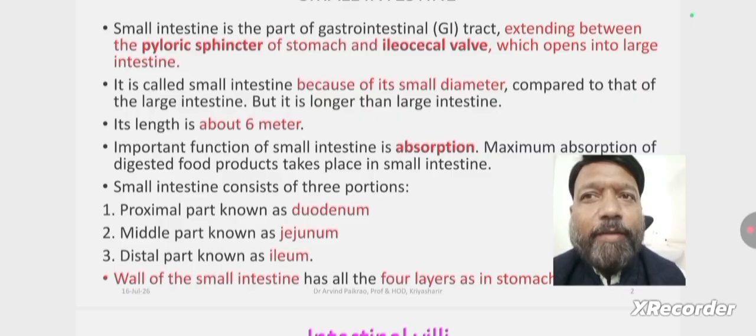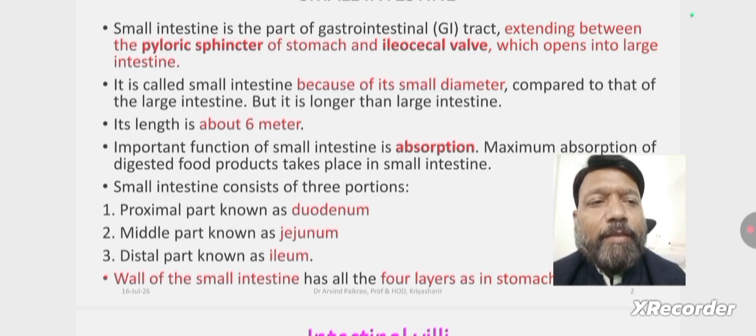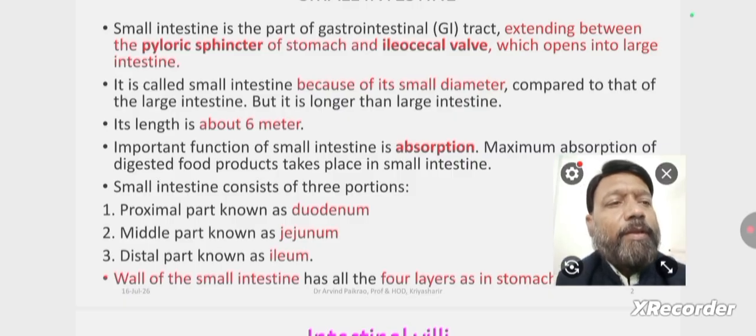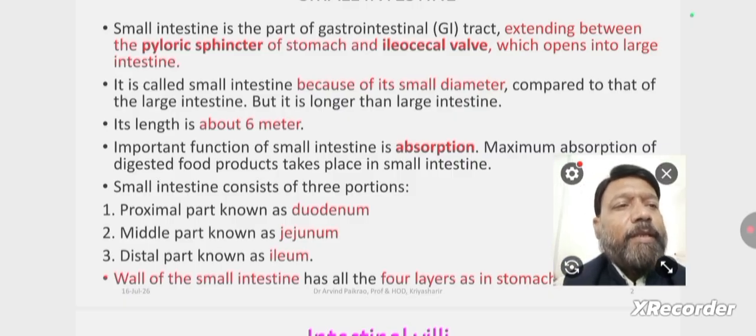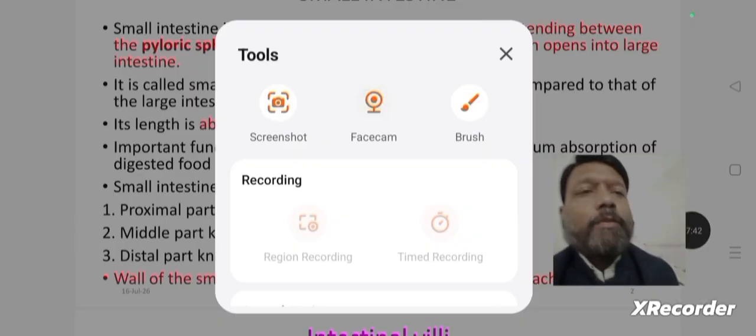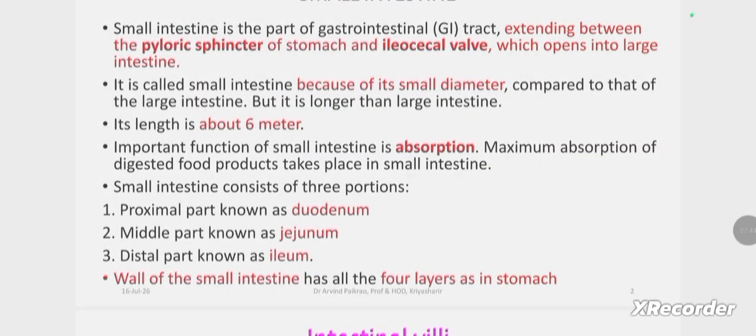So it has four layers. We have already studied these four layers before in the first class. Next I will make my face off, so that you can understand it better. So we'll see one by one.